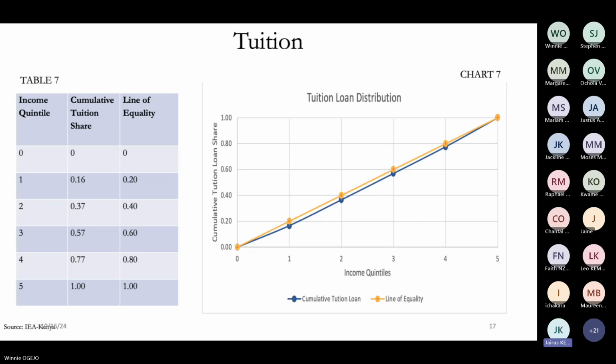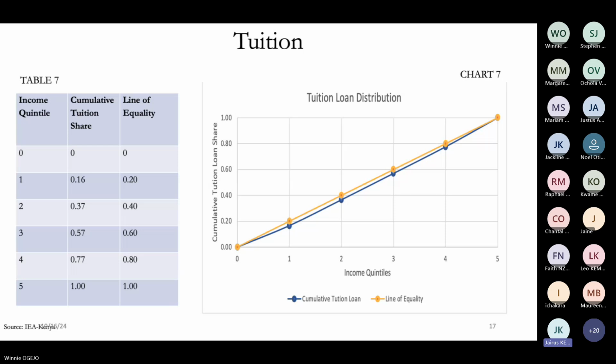Turning to our chart on the right, that is the Lorenz curve, we again notice that the Lorenz curve, the line in blue, is actually below the line of perfect equality. That's the orange line. The orange line here actually is a theoretical line of perfect equality. And here it's helping us to compare between the actual distribution and what a perfect distribution would look like.